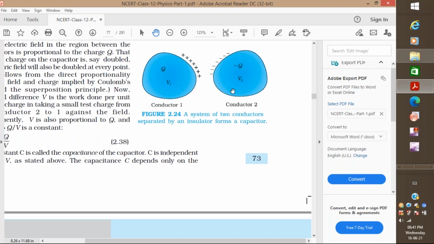So if I take various geometries for the conductors, then we can have different names of the capacitor, and different values of the capacitance. Today we'll be learning the parallel plate capacitor. Later we'll discuss the cylindrical capacitor and spherical capacitor.